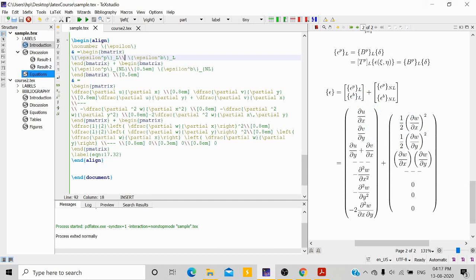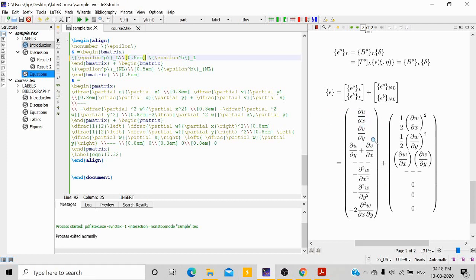At that time you may need, see here I have written 0.58 em, because these are bigger number letters, right? So you may need a space between the two rows. At that time you can put this 0.5 em, or you can write in mm, centimeter, anything, the distance between the rows.